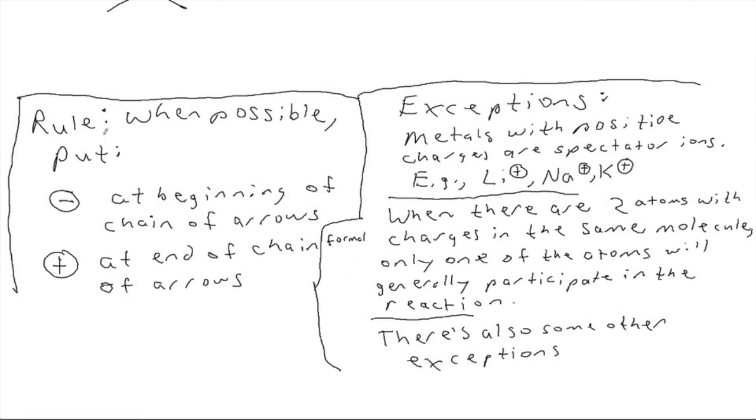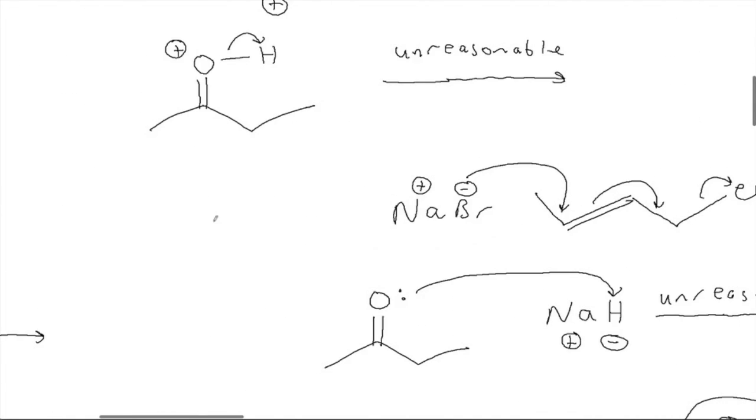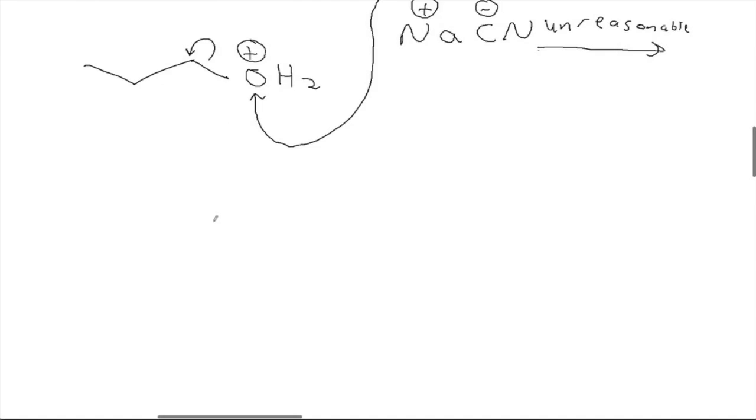There are one or two exceptions to that, but generally, when possible, do not put the charges in the middle of the chain of arrows. Put them at the beginning or the end, depending on whether they're negative or positive. Okay, good. So that's good that you saw that here.